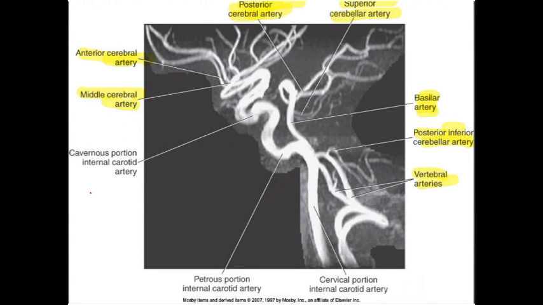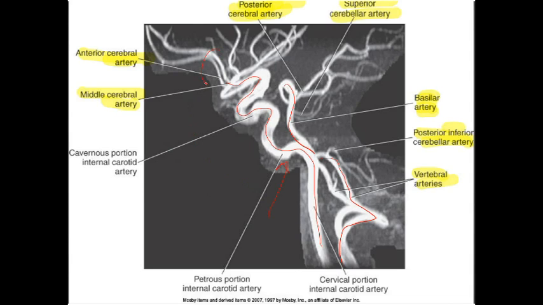So here we have the internal carotids, and we have the vertebral arteries. Notice how much larger than the internal carotids they actually are.